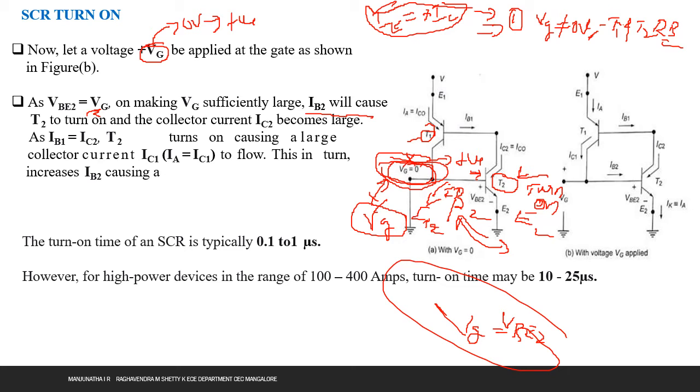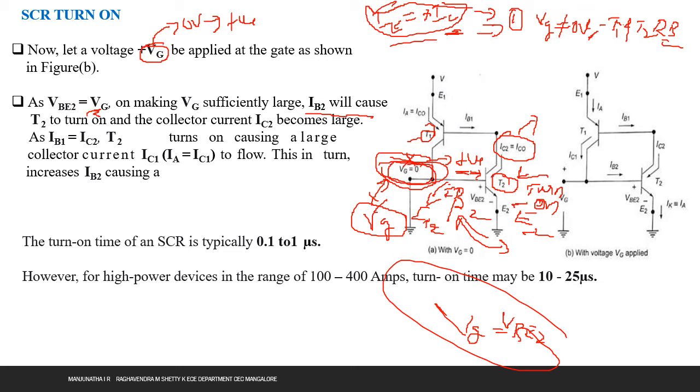When we get base current at transistor 2, the emitter current is obviously also obtained, and since IB2 is large, IC2 is also large. Basically, we know that emitter current is equivalent to collector current, IE2 is equivalent to IC2.